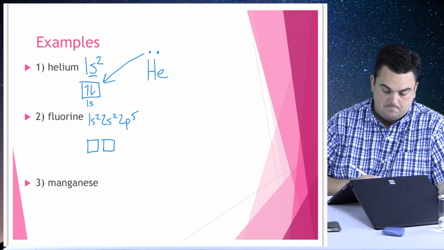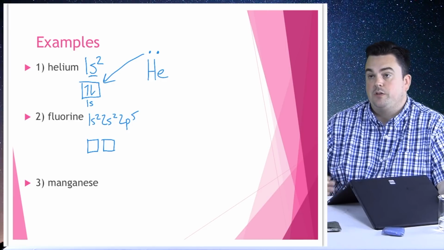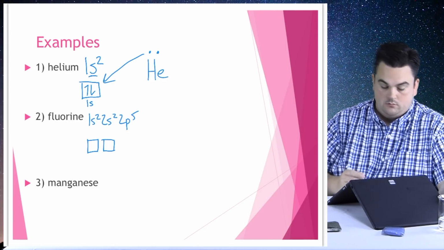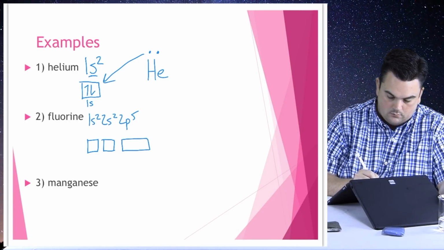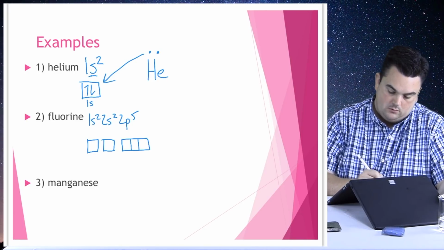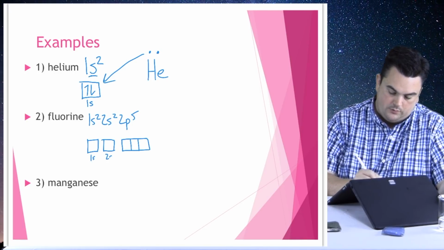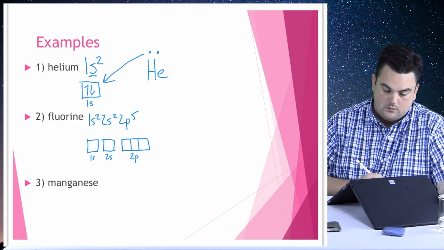Good. And what about for the p sublevel? It's s, p, d, f, 1, 3, 5, 7, so p is 3. So we're gonna have 3 boxes to represent the 3 orbitals in the p sublevel. All right, let's label those below: 1s, 2s, and 2p. All 3 of those boxes go with 2p, very good.